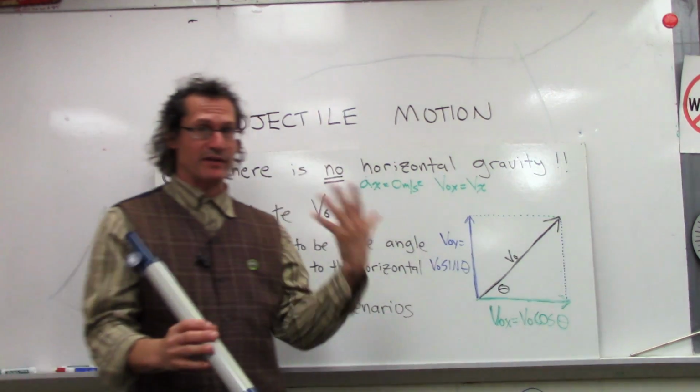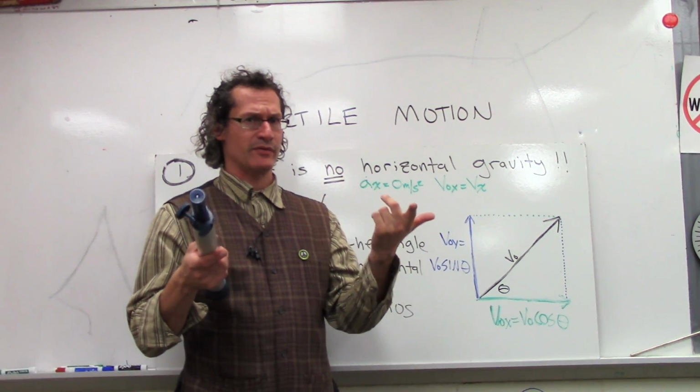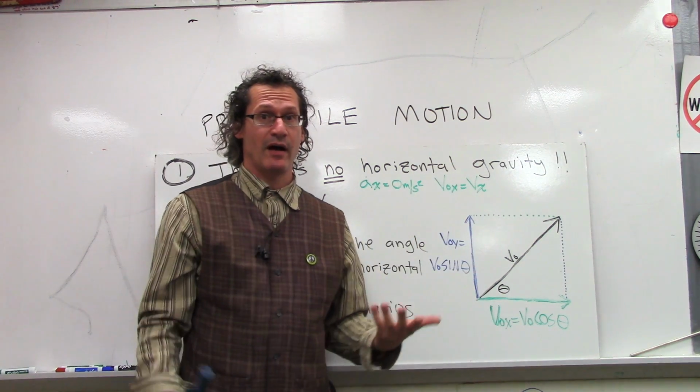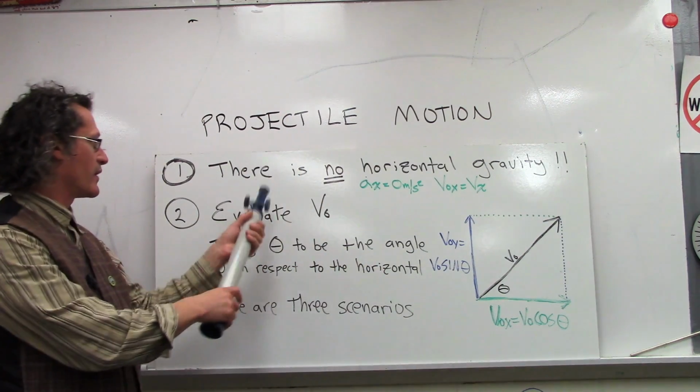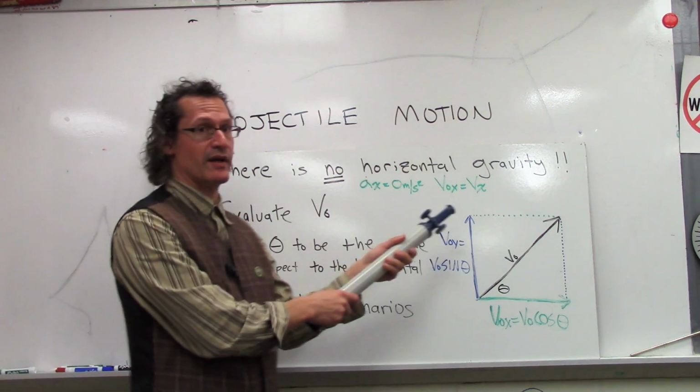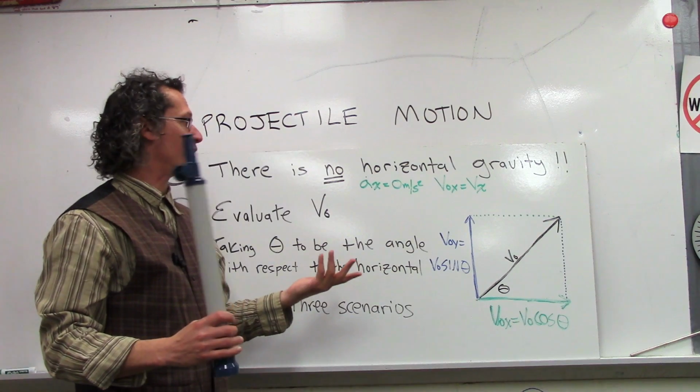Number one about projectile motion, very key to it working the way it does on Earth, ignoring air resistance, of course, is the fact that there is no horizontal gravity. Ain't happening.